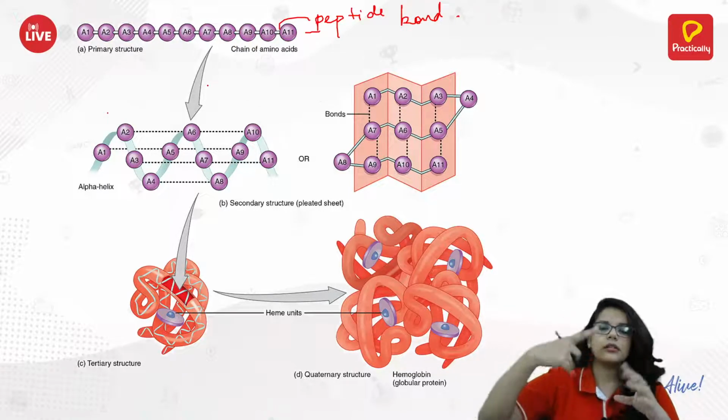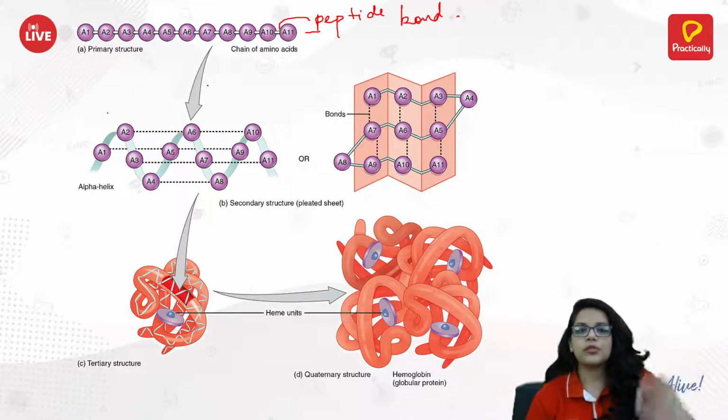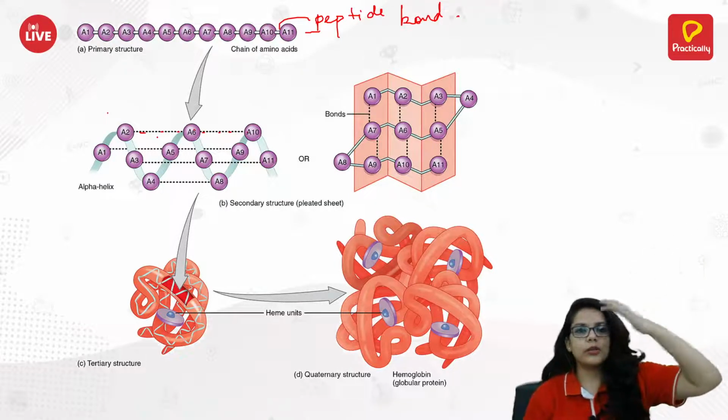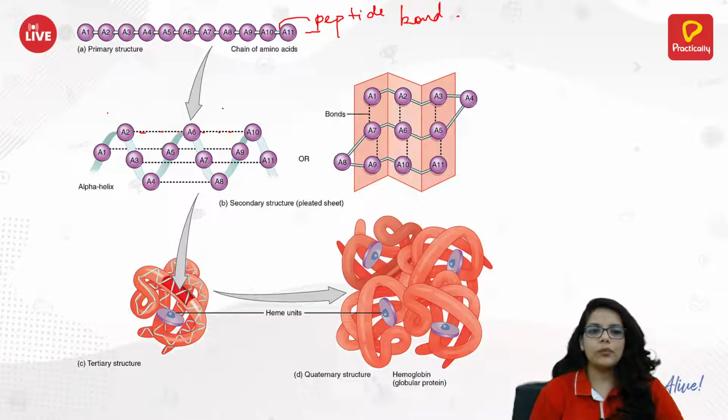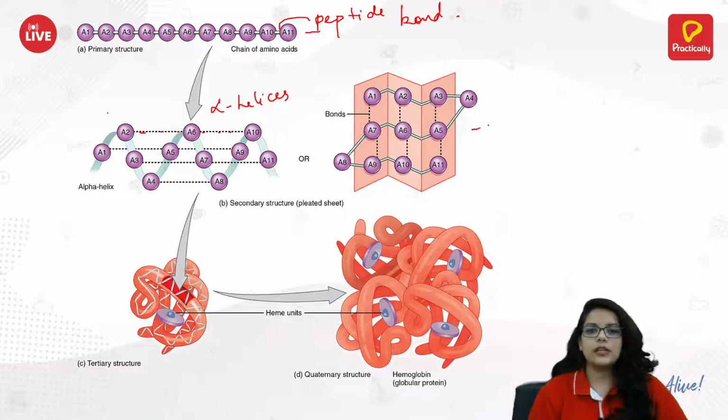They'll make some bonds between the first and the fifth position, fifth and the 10th position, something like that. They'll form bonds among the farther amino acids and form the alpha helices. Similarly, they'll make sheets out of each other and then bond with the different kinds of sheets, that is beta pleated sheets.